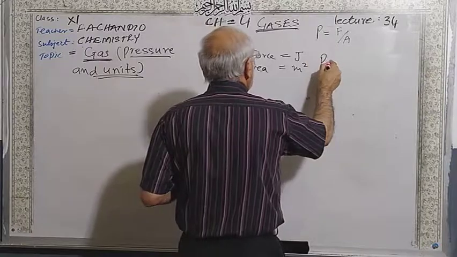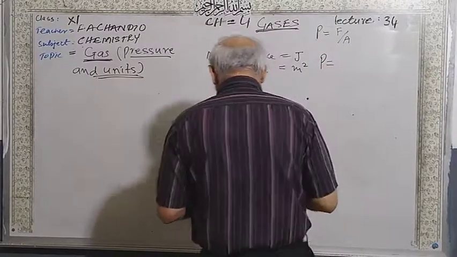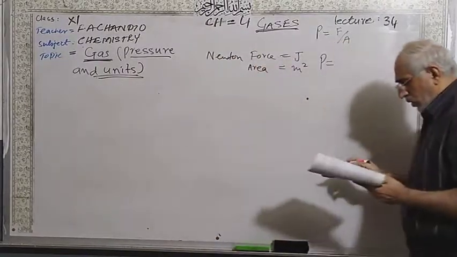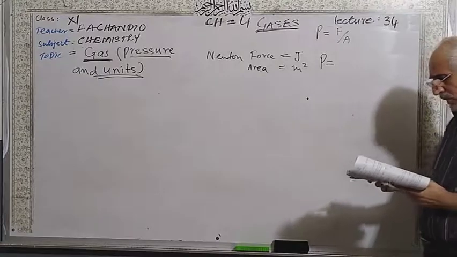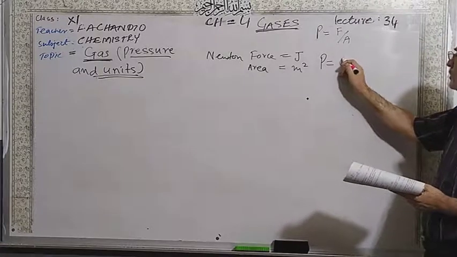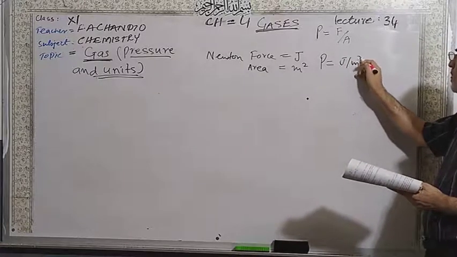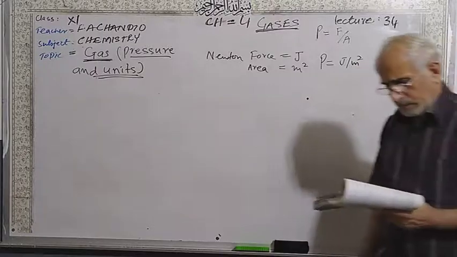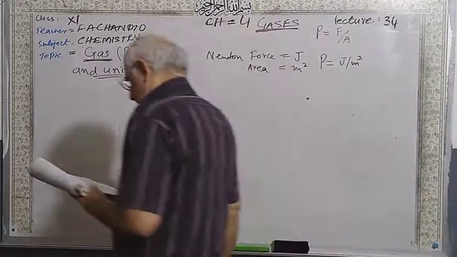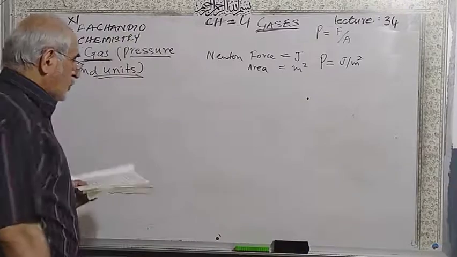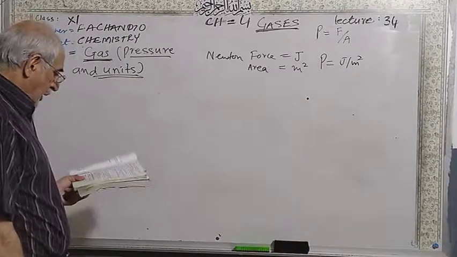That's why the pressure is equal to joules per meter square. It is a joules per meter square.